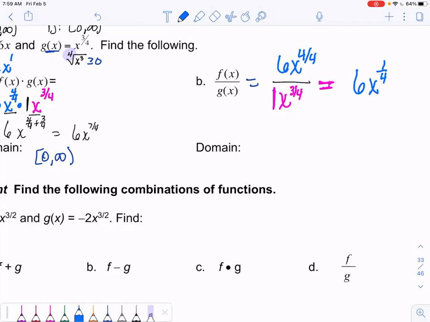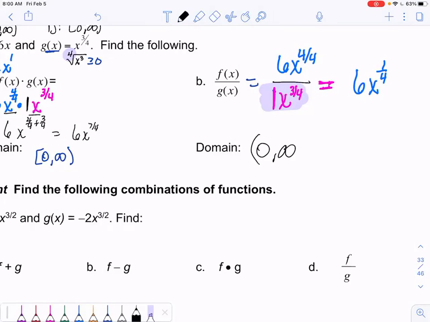Now, think about the domain. This one's a little trickier. This was a fraction. Even though my answer isn't a fraction, to get to that answer, it originally was in the denominator. So if it's in the denominator, x cannot be 0. So your domain is still 0 to infinity.